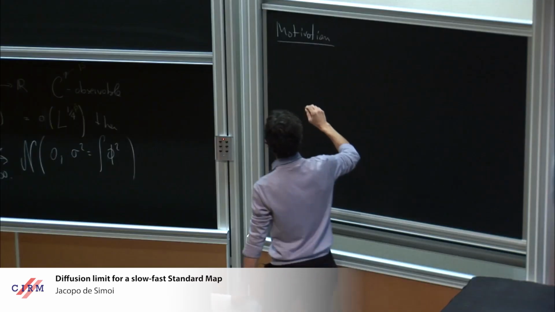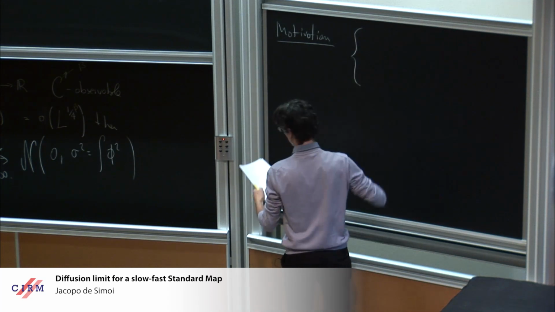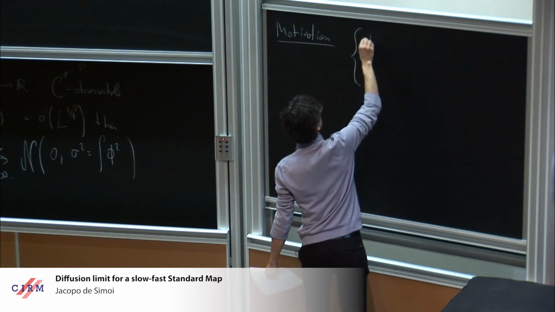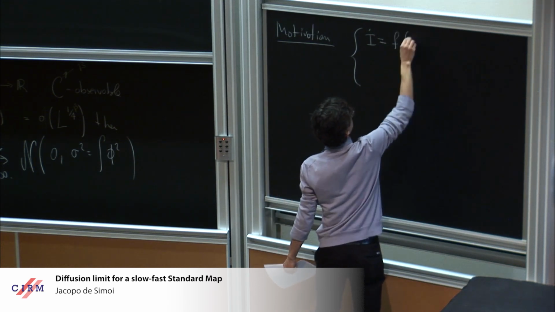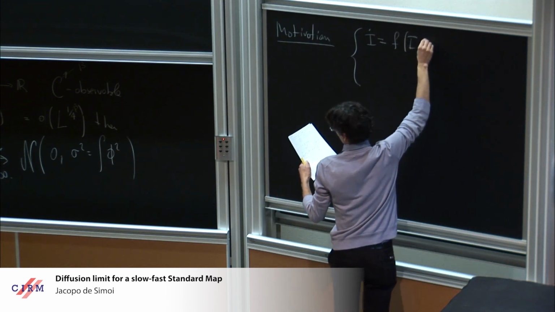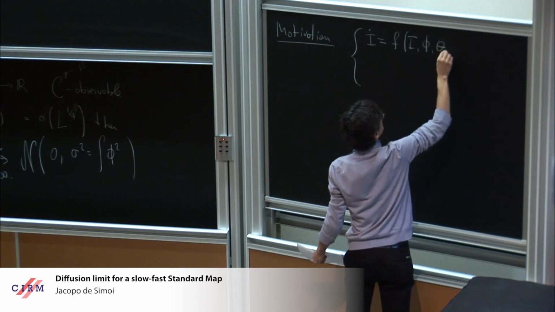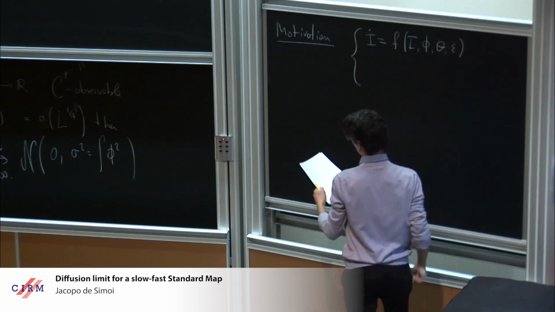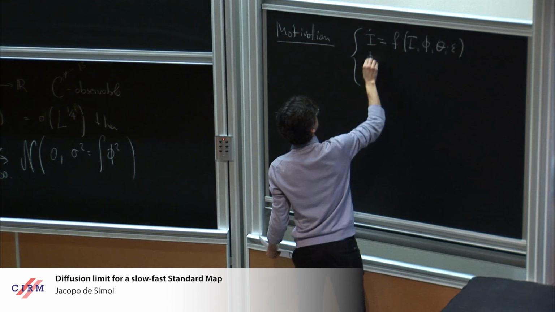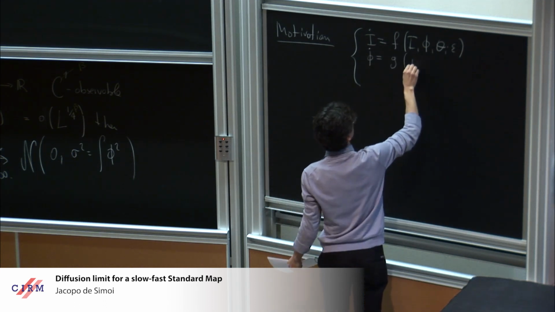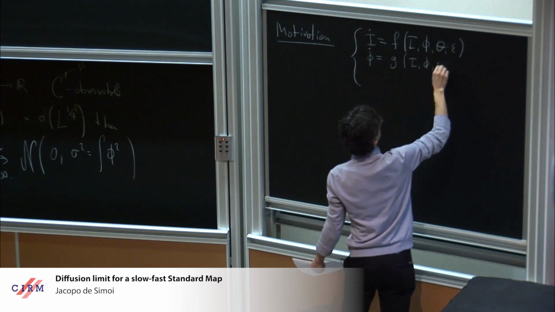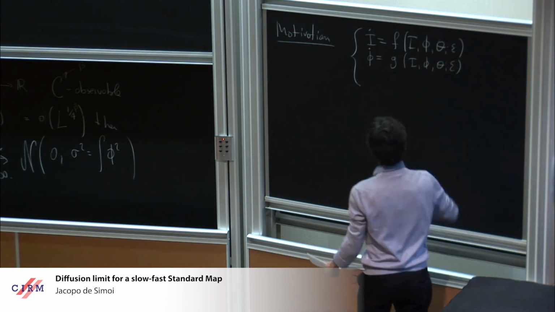So what do I want to do? I want to consider a system which I will write as follows. We have an action coordinate which is driven by some function f of I, phi, theta and depends on a parameter epsilon. I have an angle coordinate which is driven by another function which depends on these guys.